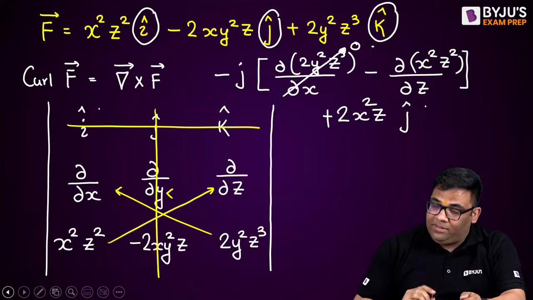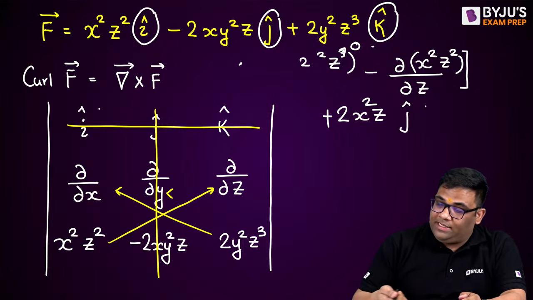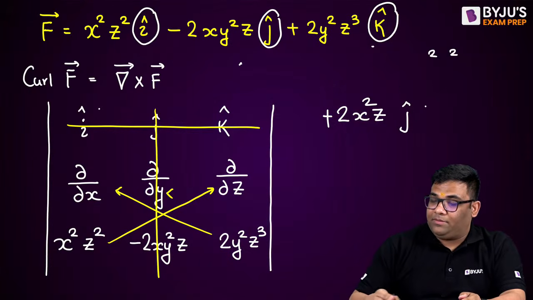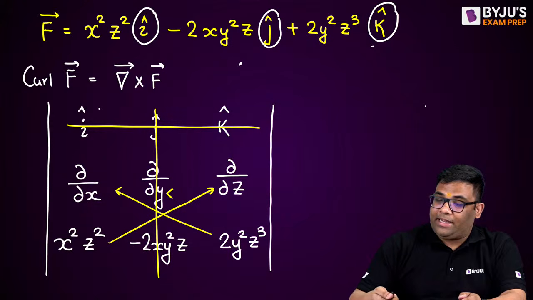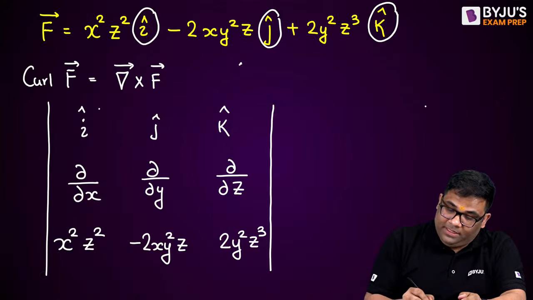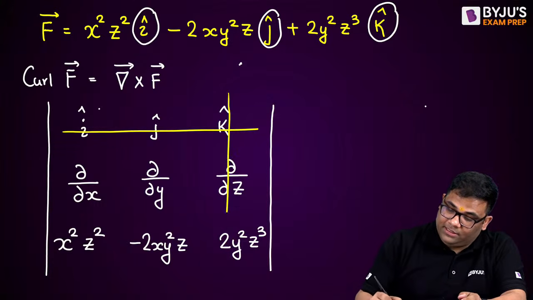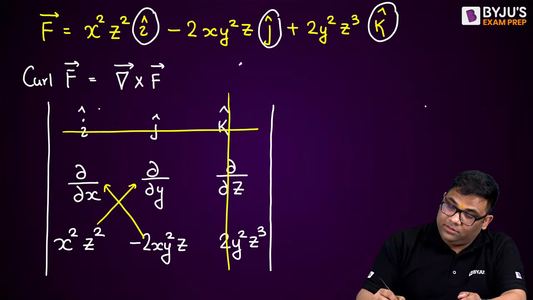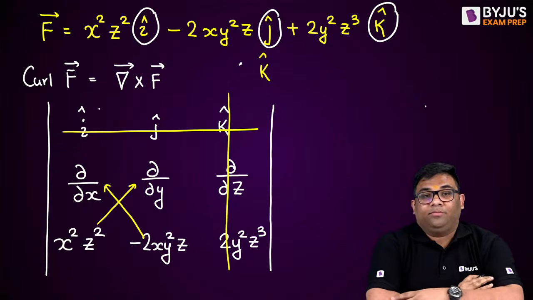Now give me the k cap then. Similarly, you give me the k cap. Cancel this, this. Do this. Chalo, do it.